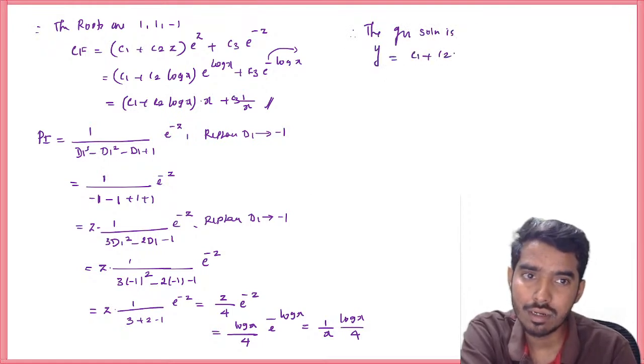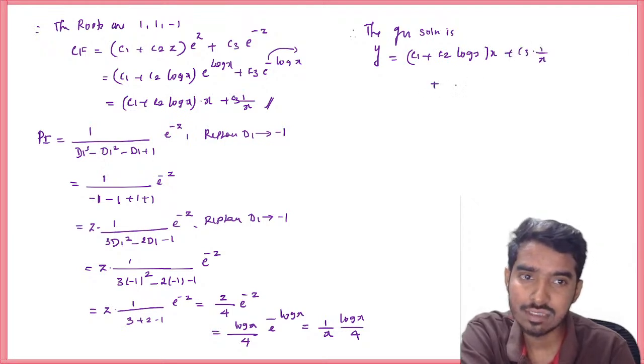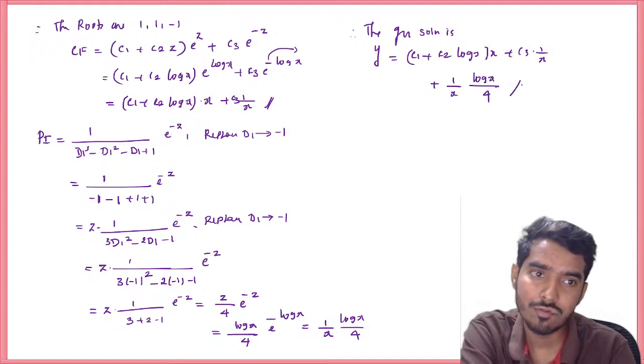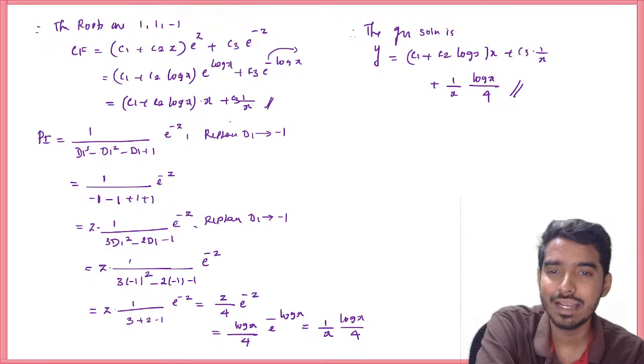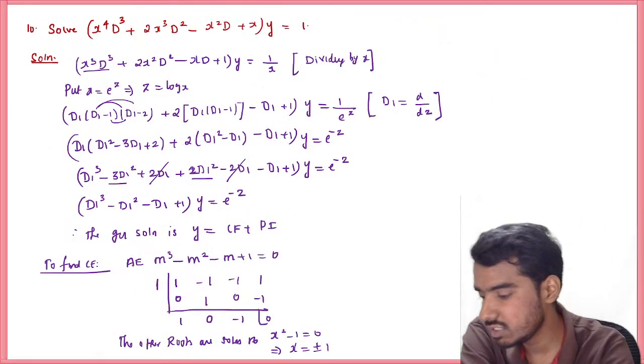So (C1 plus C2 log x) into x plus C3 into 1 by x plus 1 by x log x by 4. That is CF plus PI, right? So I'm just adding this and this to get your general solution, right? Is it clear?